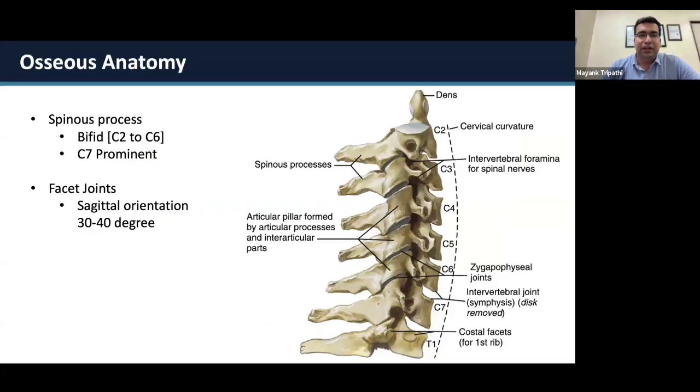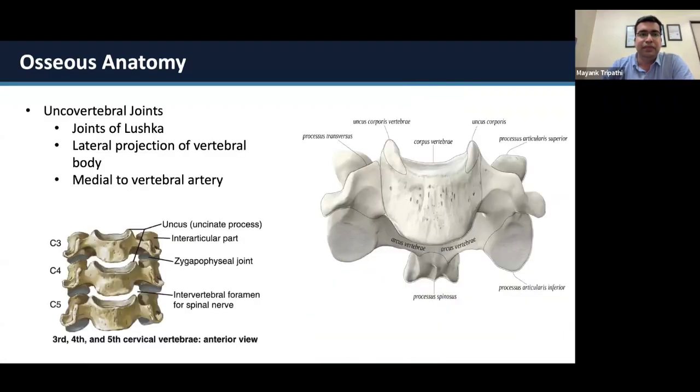When we come to the osseous anatomy of the subaxial spine, we know that the spinous processes of C2 to C6 are bifid, with the C7 spinous process being a single one, which is the most prominent and is also known as the vertebra prominens. The facet joints of the subaxial spine have a 30 to 40 degree inclination on the sagittal view.